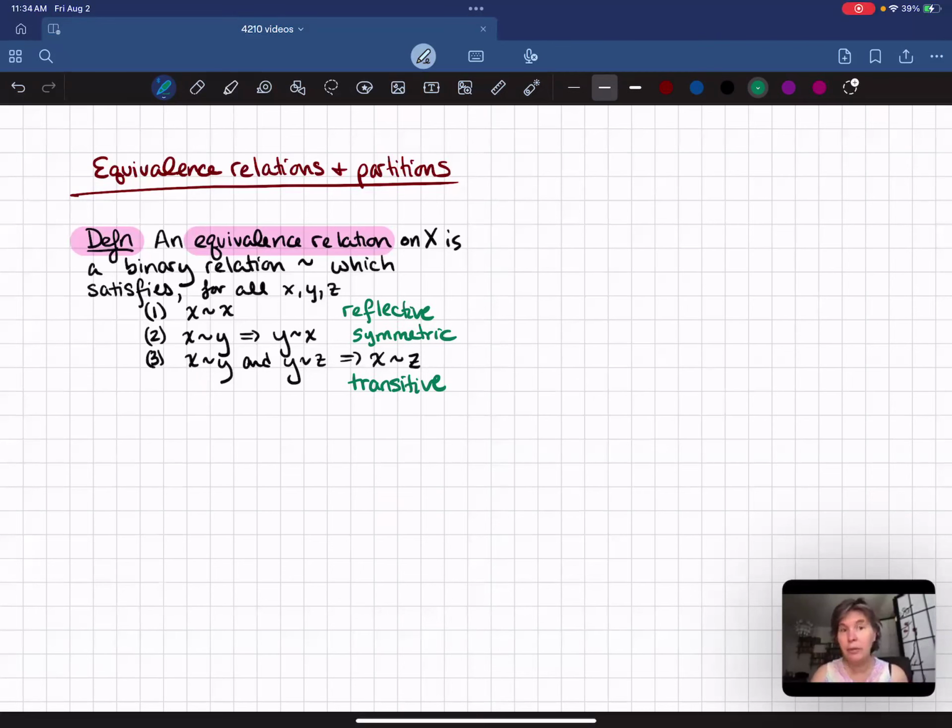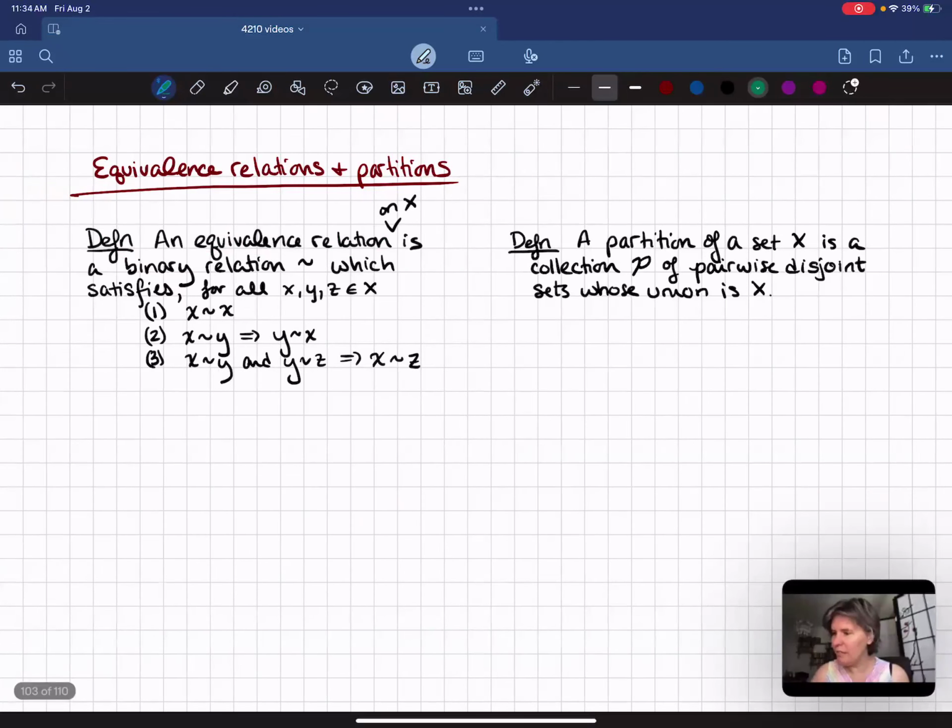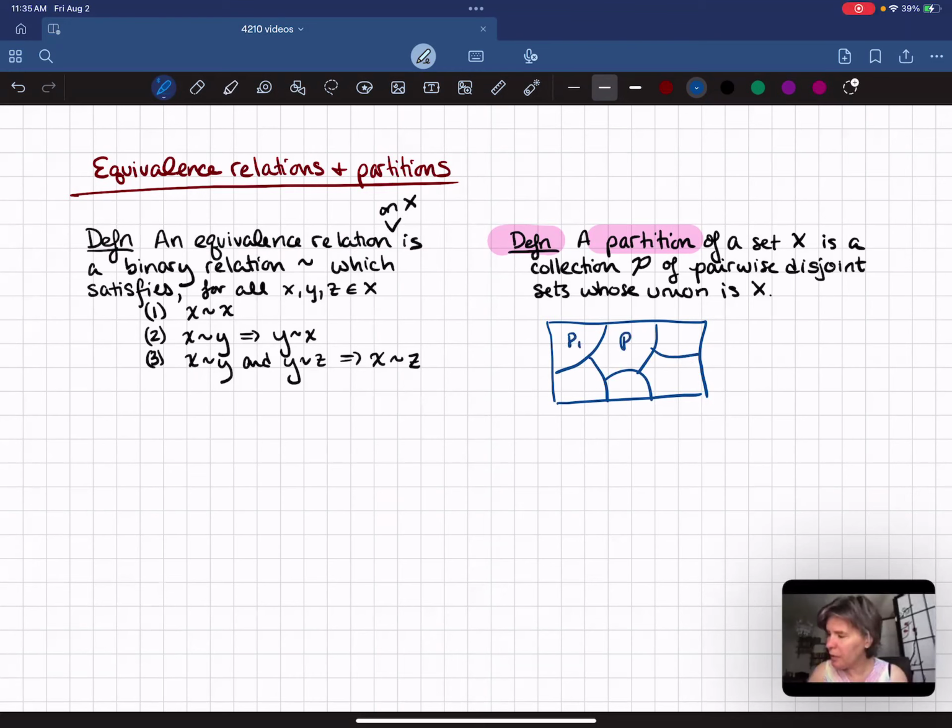So now a related concept is the concept of a partition. A partition on a set X is a collection P of pairwise disjoint sets whose union is X. So if I imagine X looking like this, the partition would be a way of carving X up into pieces: P1, P2, P3, P4, P5, P6.